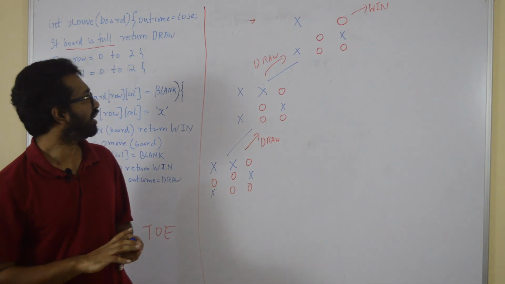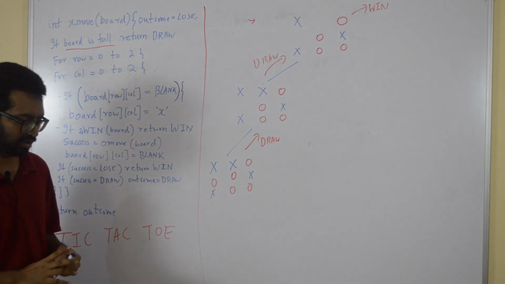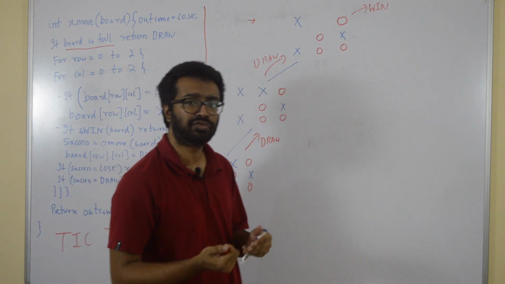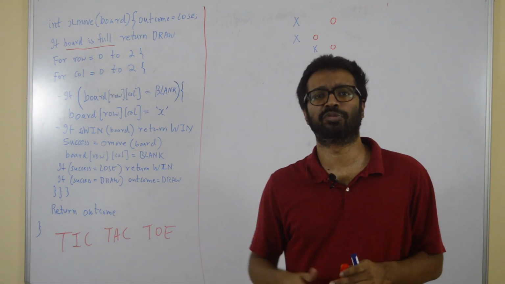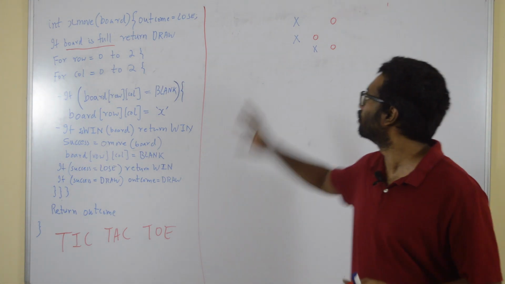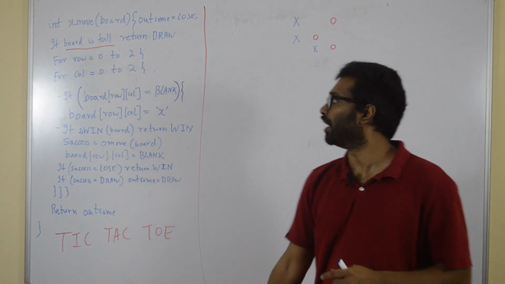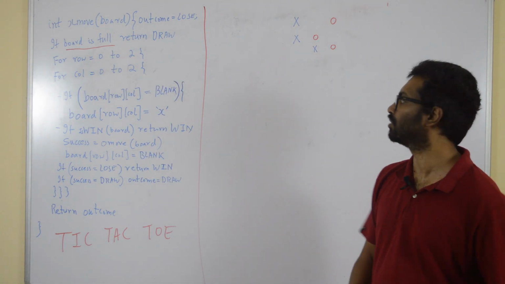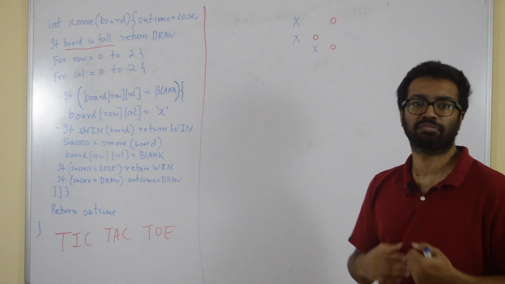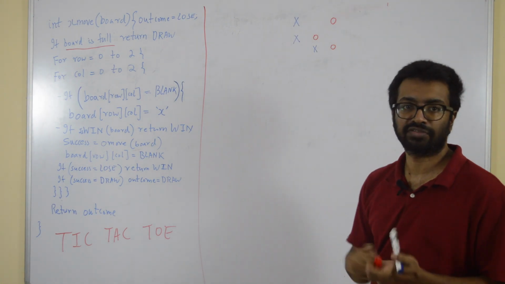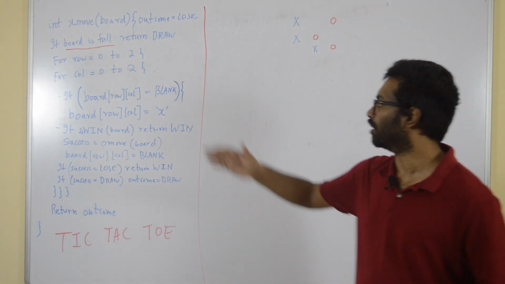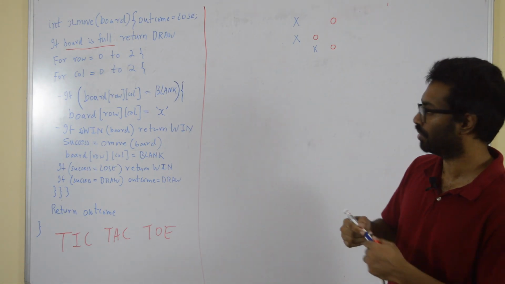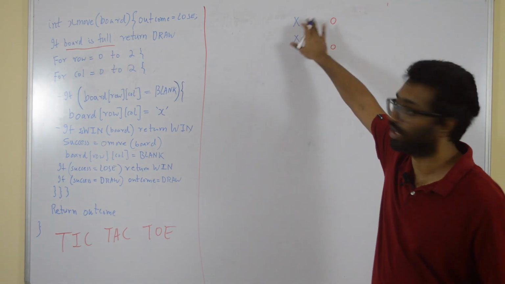Okay. Now we can look for a different board position. Now let's look at this board position, and we're going to call this board again to X move. X move sees that the board is not full and it's going to start by filling in X's in the blank position. So it first fills that blank position and it's going to call the O move with this new change of board, right? And obviously when I put X here, it's not a win.